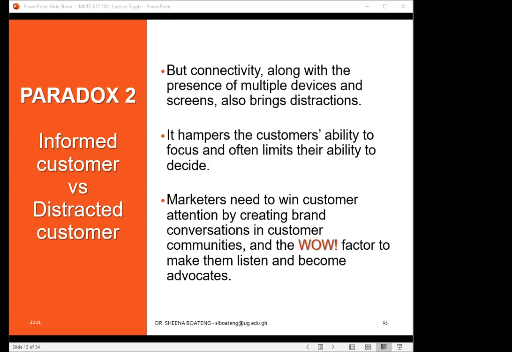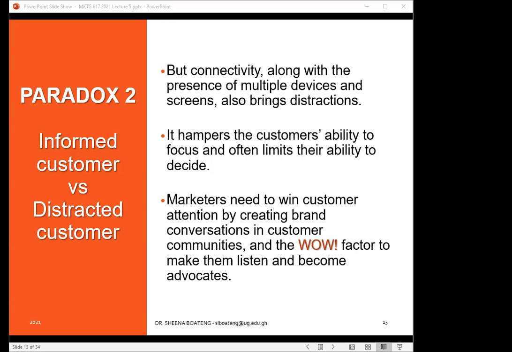And if you are an individual and all this information is coming at you from all these sources on all these different devices at the same time, it hampers your ability to focus. And because the information is so much and it's coming from so many sources, it sometimes makes you confused, and therefore does not help you in terms of making a final decision, right?